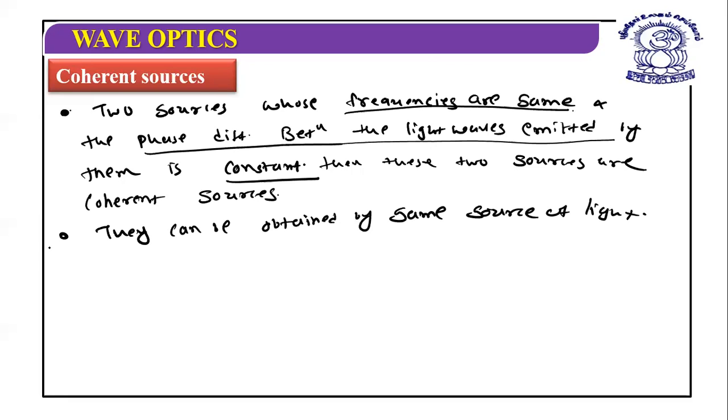The laser light is highly coherent and monochromatic. So it is the example; the laser light is a coherent source. The distance traveled between them is very small.